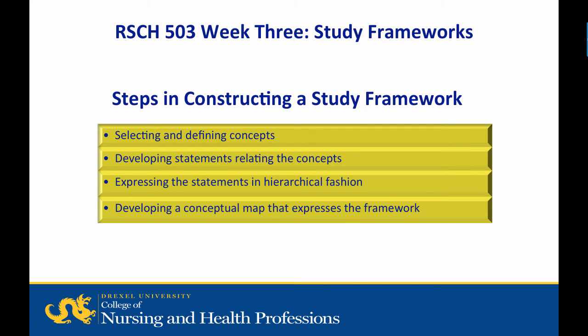In constructing a study framework, an investigator may follow several steps as noted in this and the following several slides. The first step is selecting and defining concepts, then developing relational statements that are outlined in a hierarchical manner. The investigator may then develop a conceptual map that expresses this framework.